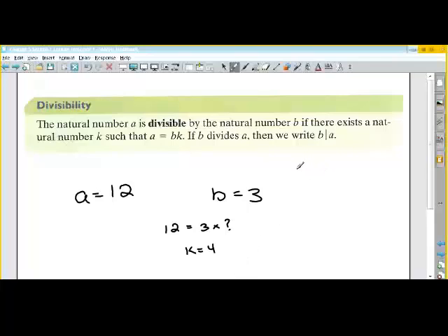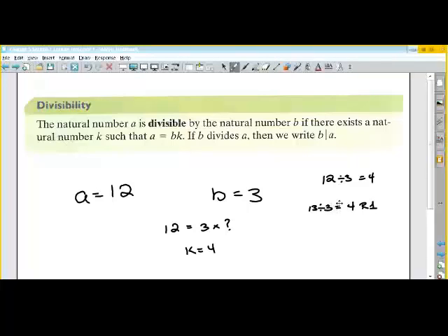The other way you can think about it from a remainder standpoint: if we take 12 and we divide by 3, we end up with a natural number. So one number is divisible by another number if the result is a natural number without a remainder. Because if we took 13 divided by 3, what we would get is 4 with a remainder of 1.